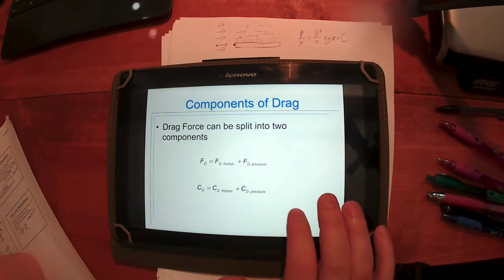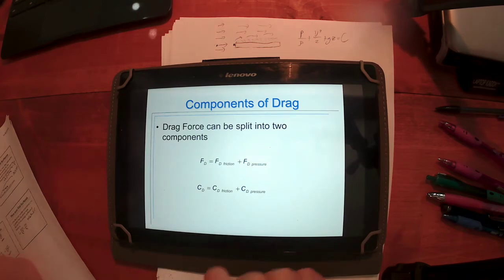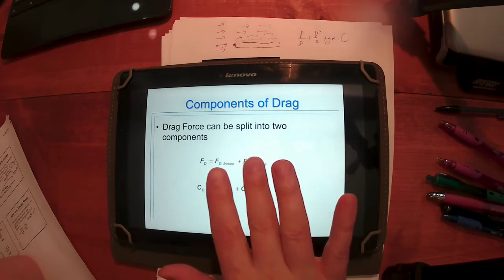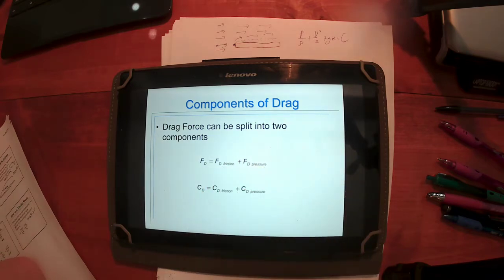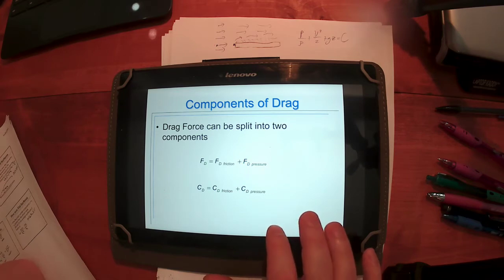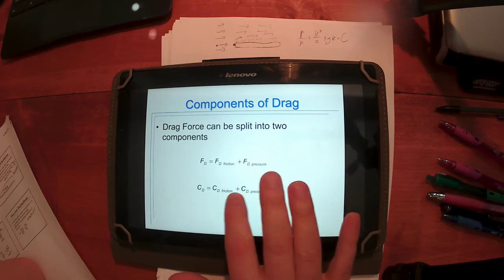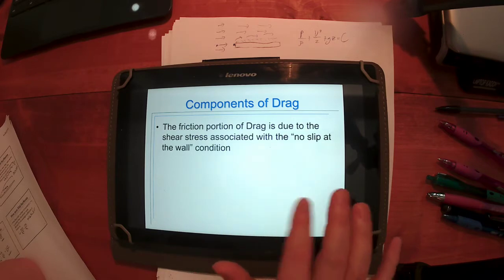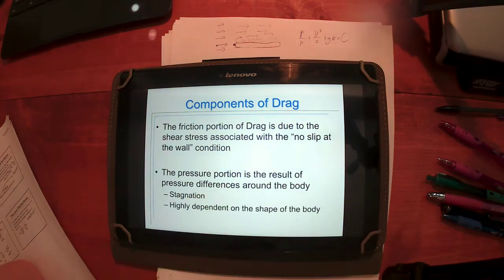Now, the tables for the drag coefficients that we looked at last time, very rarely do they actually differentiate between the two and split them up. Most of the time, it just gives you a single drag coefficient. We do need to understand that that includes both of these components, but it doesn't necessarily differentiate them, and we don't know how much is which. But yeah, the pressure portion is what we call stagnation.